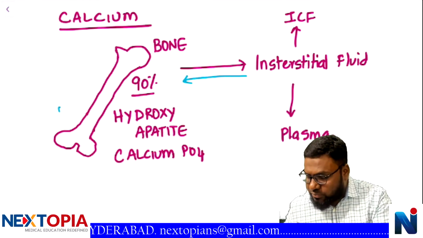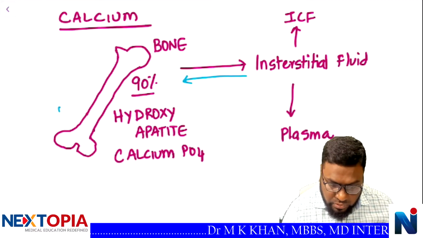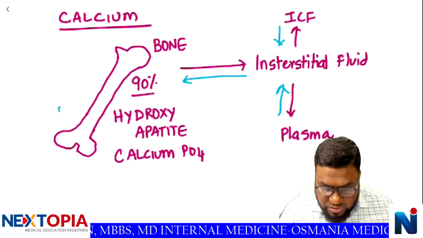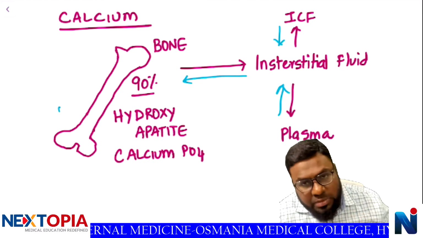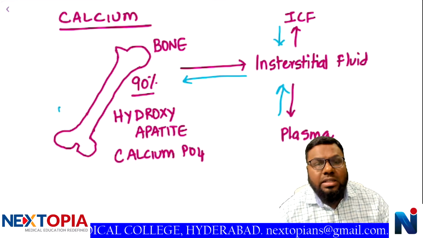All right. So the coming back pathway is also the same. From the plasma, from the ICF, it comes back to the interstitial fluid, and from there into the bone. All right. This is how the calcium moves.